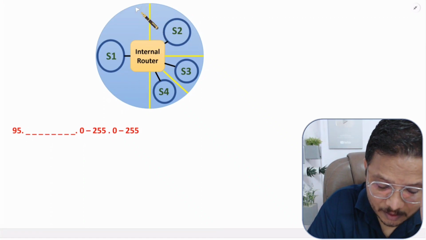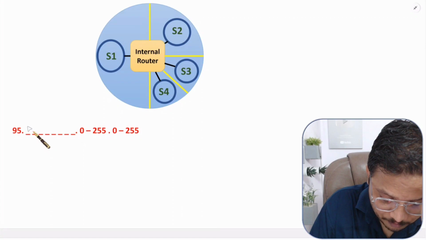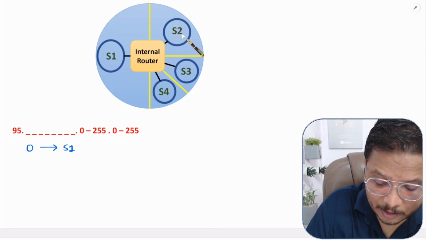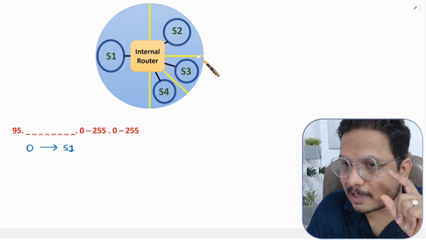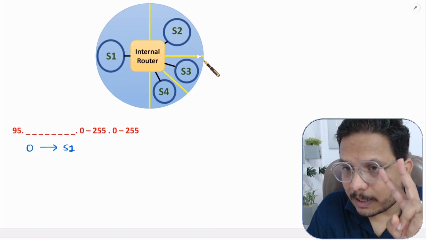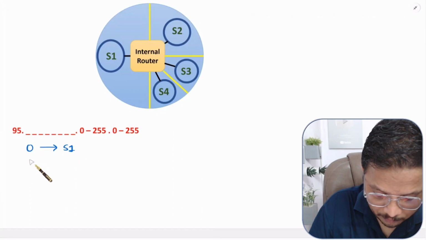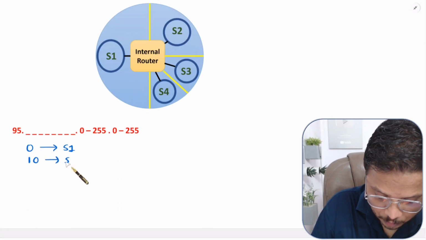So with S1, we need half size, so I'll consider the first bit, that is 0, for S1 selection, right? And if I want to select S2, which has 1/4 of the size, that can be selected by 2 bits. Now 0 is already there for S1, so I need the first bit as 1 and the next bit as 0. And these 2 bits, 1 0, will select S2.